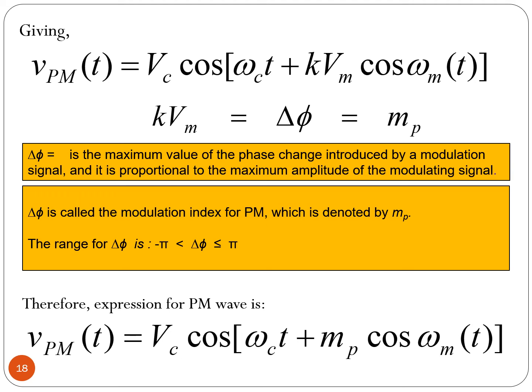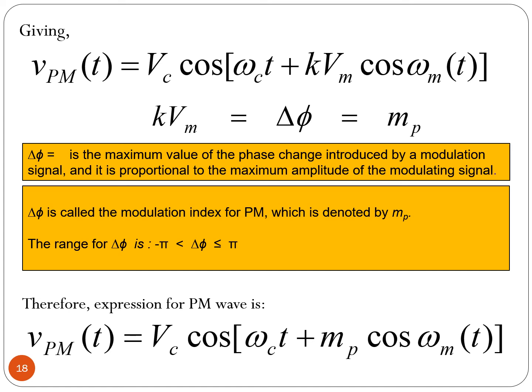Delta phi represents the maximum value of the phase change introduced by a modulation signal, and it is proportional to the maximum amplitude of the modulating signal. Delta phi is also called PM modulation index.